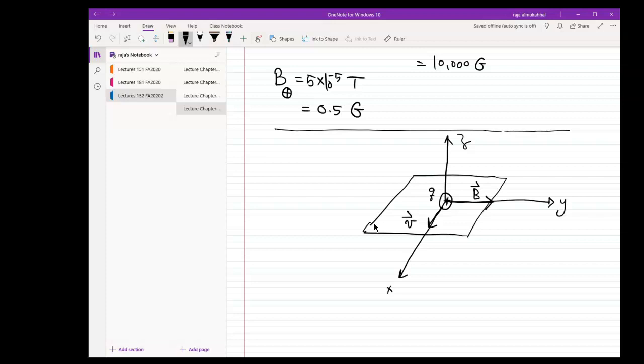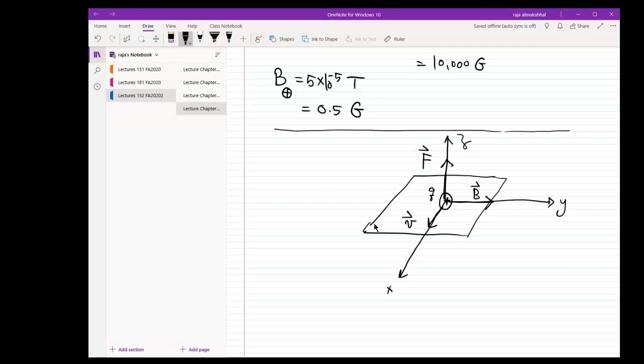There will be a magnetic force on that charge. This magnetic force will act perpendicular to both the magnetic field vector and the velocity vector. For this case it's V cross B, and it's going to be in this direction, by using the right-hand rule.